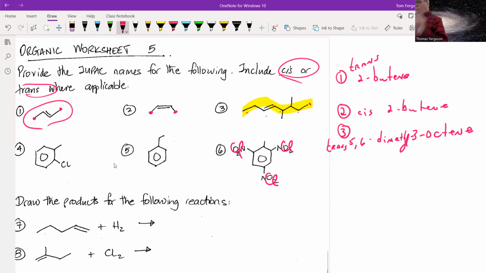Okay, so number 4. Now these are all based on benzene, not phenyl. Phenyl is only named as a branch. The benzene ring is the main molecule here. So the name is going to be derived from a benzene or a benzene analog. Now if it's got a methyl group on a benzene, it's called toluene. If it's got an OH group, it's called phenol.